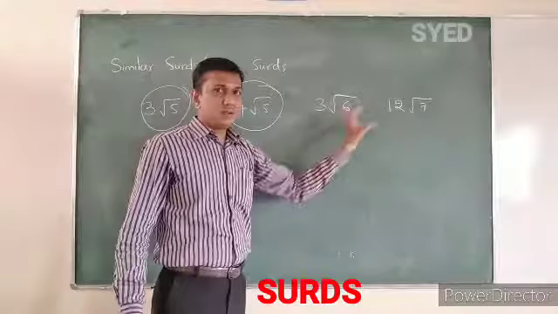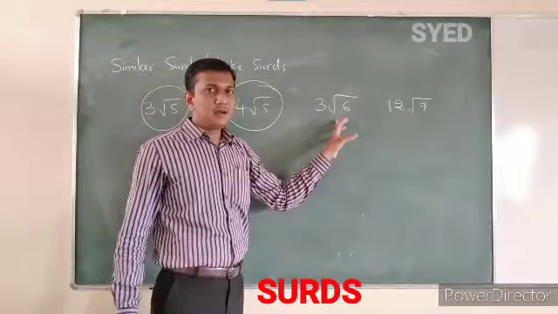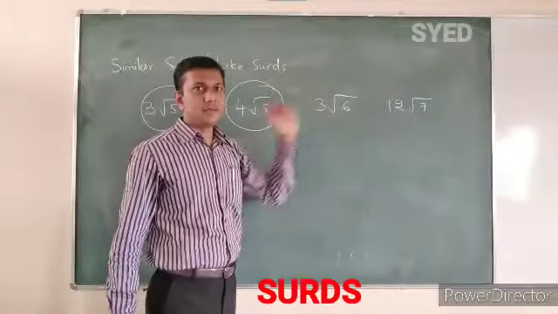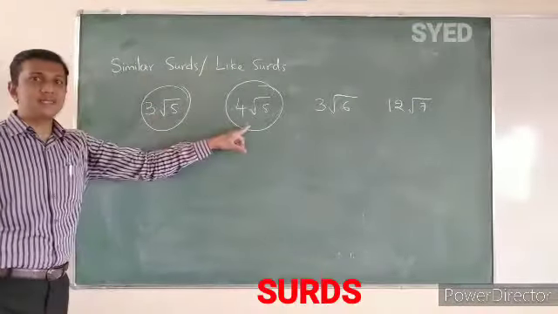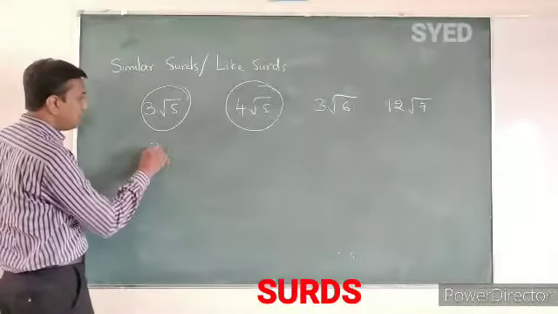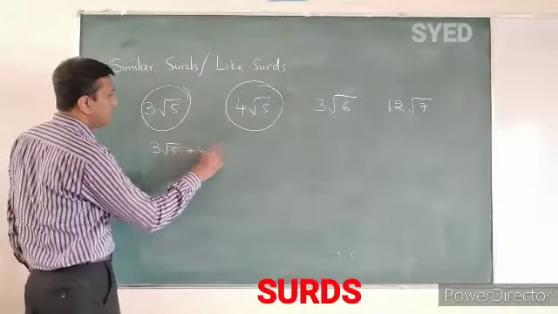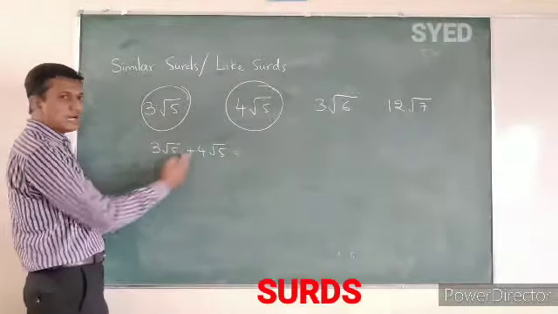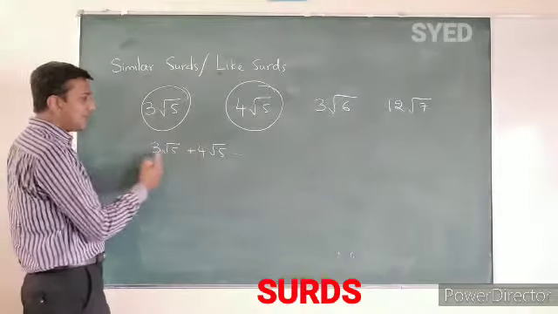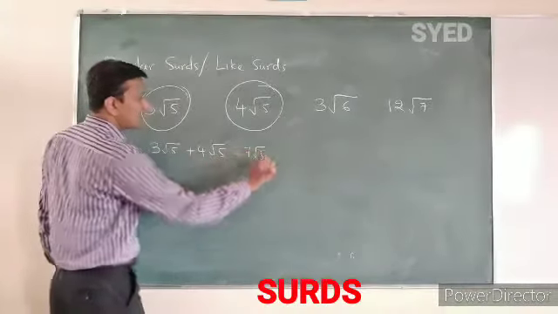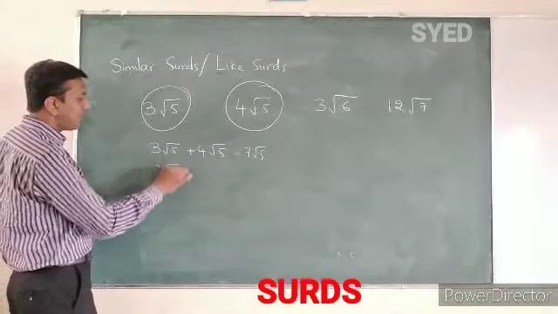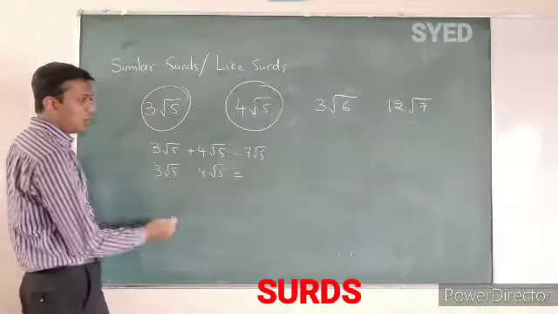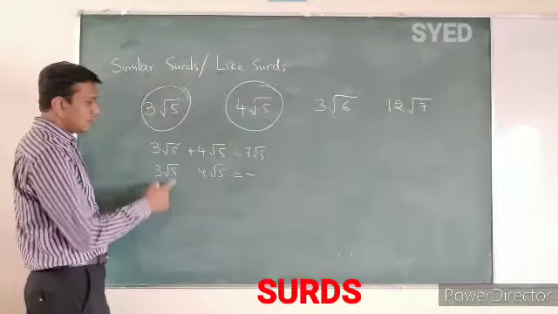And these others are called unlike surds or dissimilar surds. These like surds can be added. 3 root 5 plus 4 root 5. We can add their multiples, whatever the multiples are. 3 plus 4, 7 root 5. Similarly, they can be subtracted. 3 minus 4, minus 1 root 5.